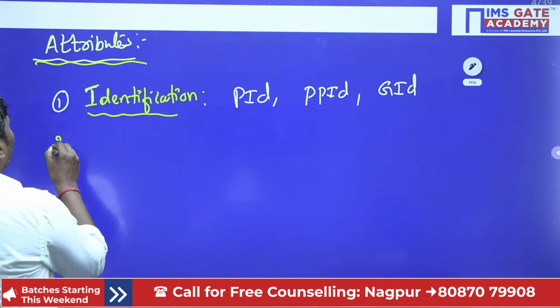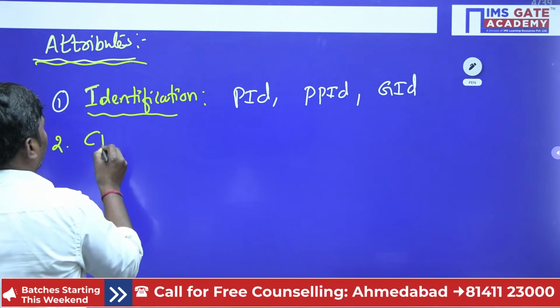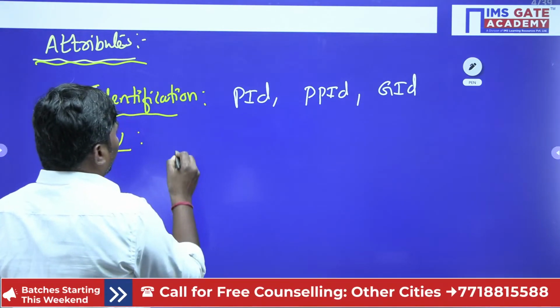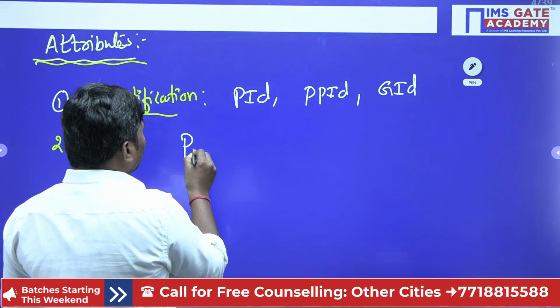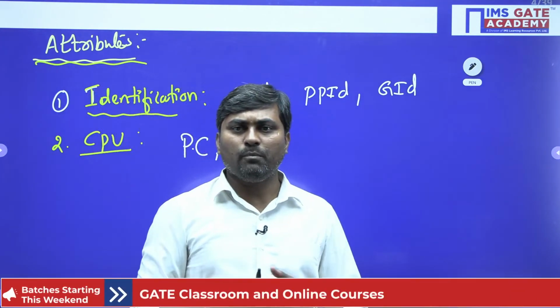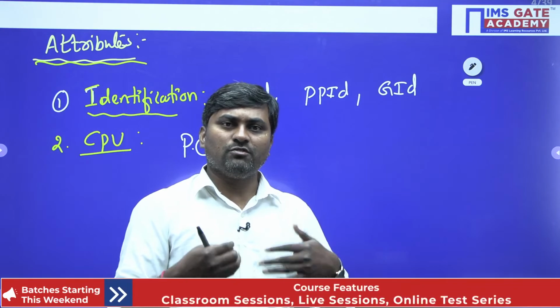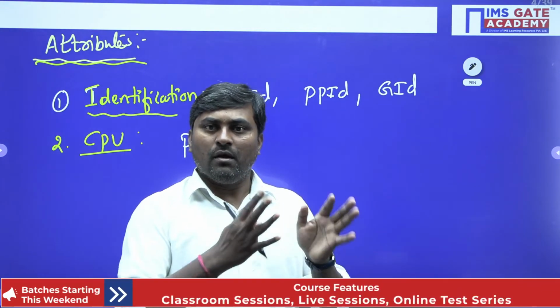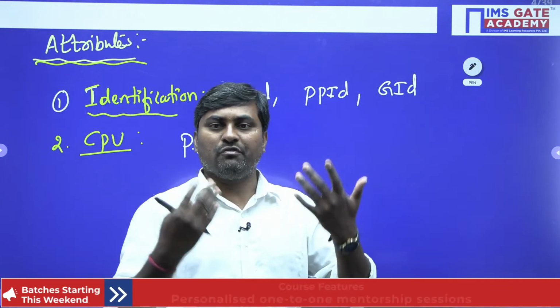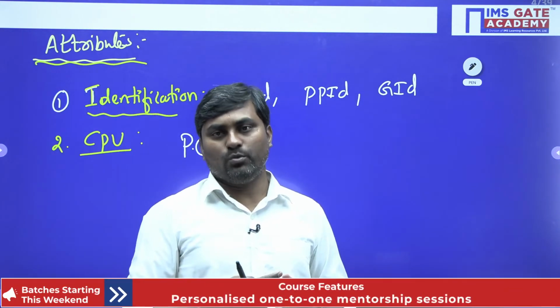The second classification I made is CPU related attributes. What is the current value of the program counter? What is the purpose of the program counter? It holds the address of the memory location where the program has been loaded, so that we can fetch the instruction and start execution.